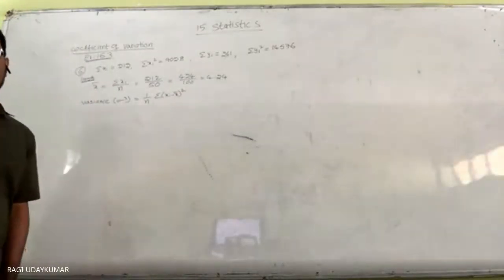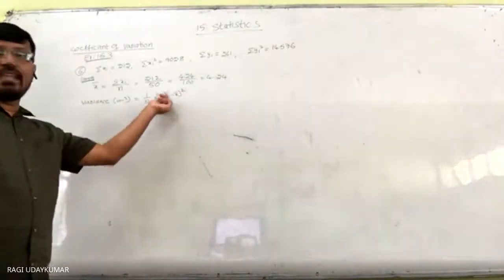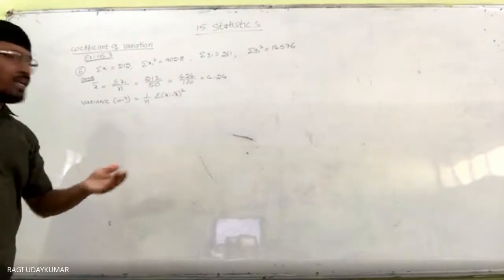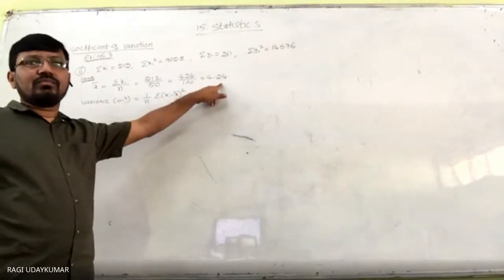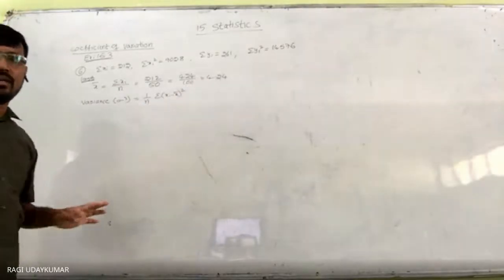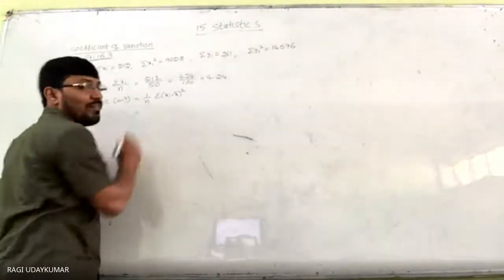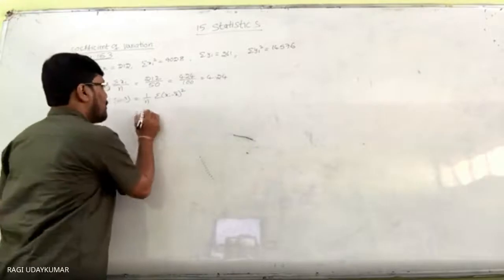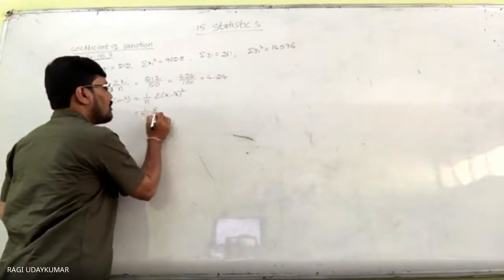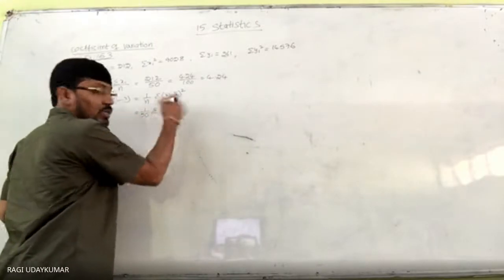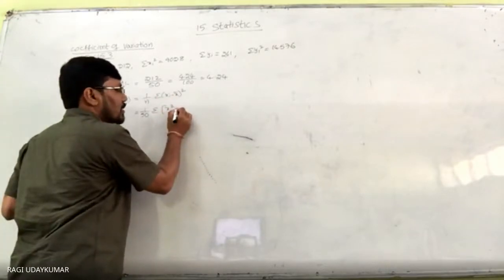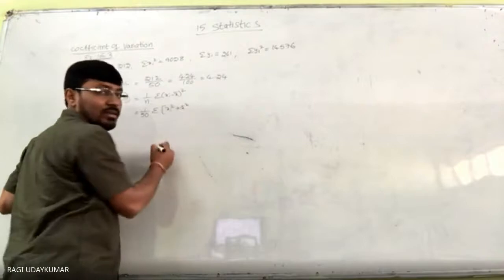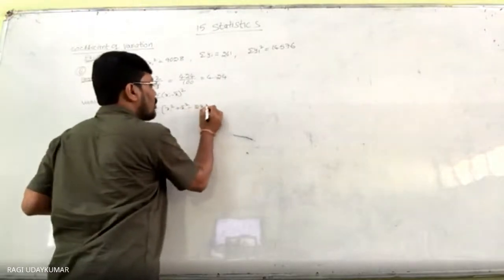This is the formula, and we don't have the individual xi values. So what to do here? We can substitute 4.24 in place of x bar, and 1 by n is 1 by 50. So 1 by 50 into sigma of xi square plus x bar square minus 2 xi x bar.